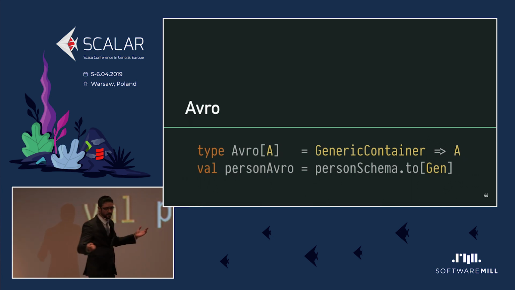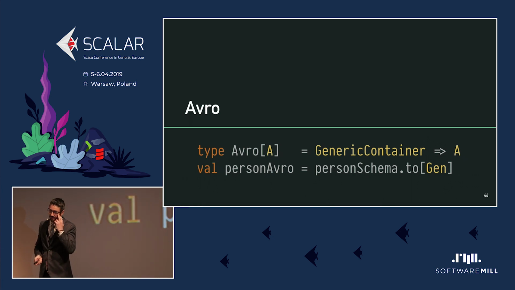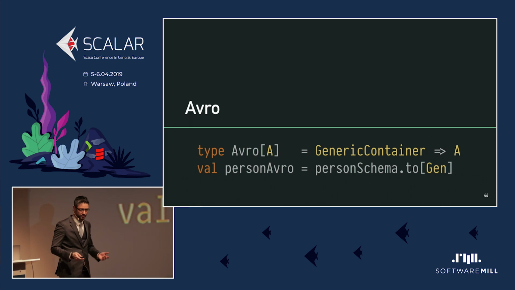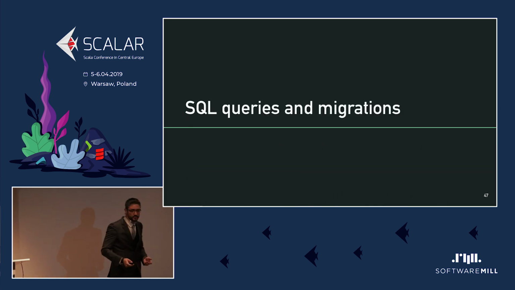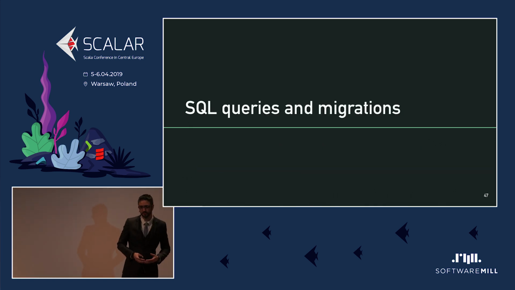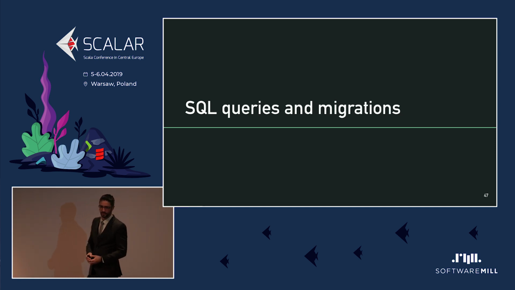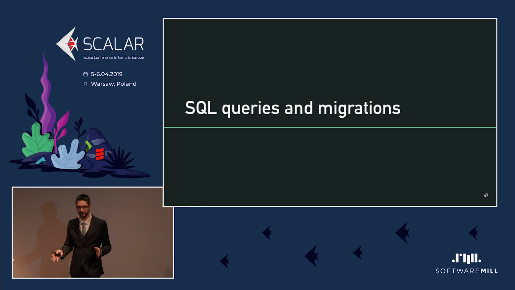You can have serializing and deserializing in Avro in just a line of code. You could also use that for your SQL migrations. From the migration I showed you earlier, you could derive SQL scripts that will apply the same migration on your database.